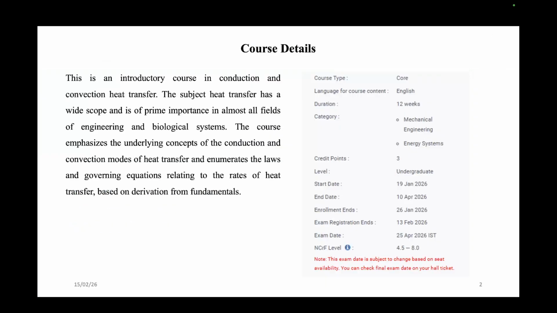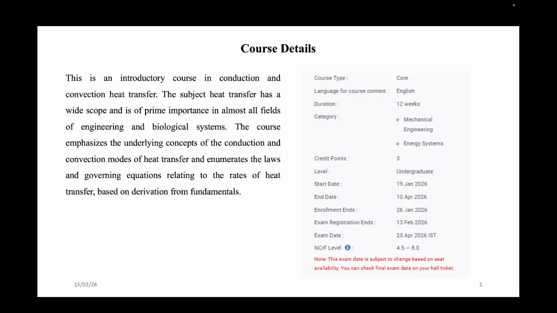Before starting, let me introduce the course, as it may be new to a few of you. Why are we studying this course? Because heat transfer, be it conduction, convection, or radiation, you will find in our daily life. Like in the human body, during fever the body temperature rises, so there is fundamental physics behind this.